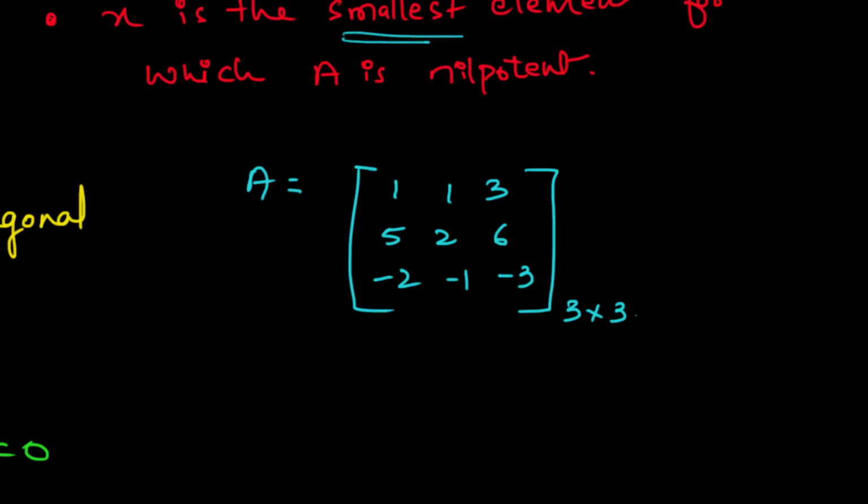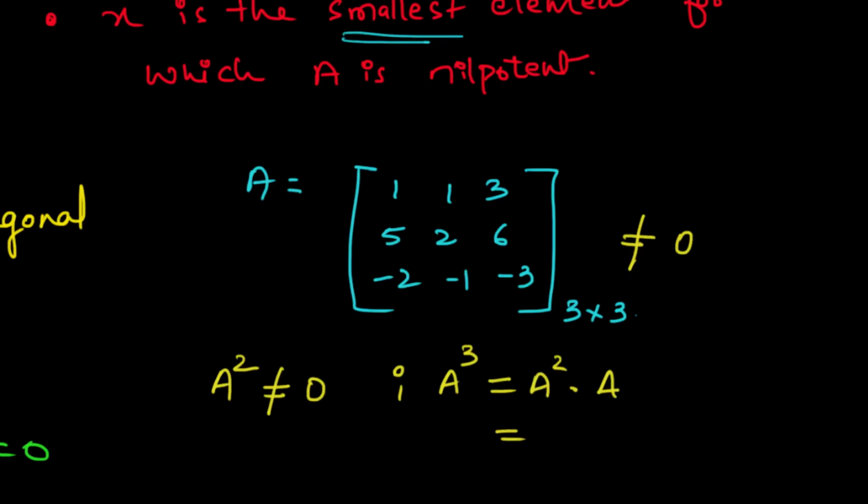I have already calculated, so I know the result, but you pause the video and try it out yourself. When you calculate A square, it won't be equal to a null matrix, and clearly A is also not equal to a null matrix. Then we find A cube, by A square multiplied by A, and you will get A cube equal to a null matrix.